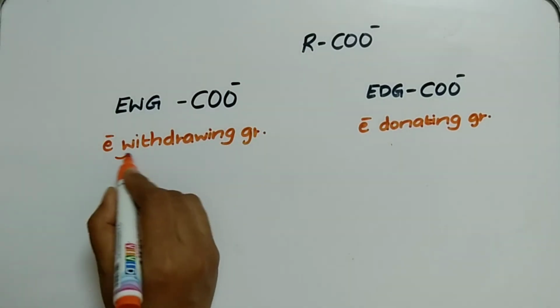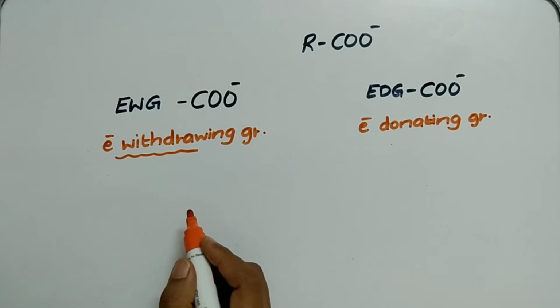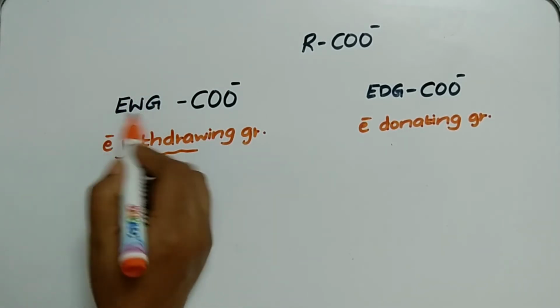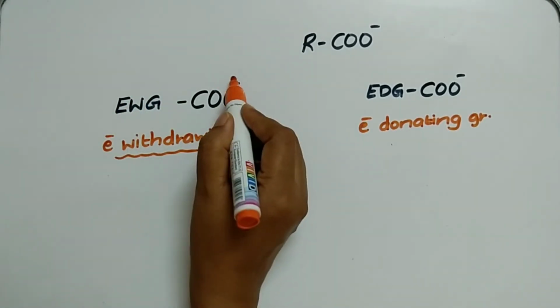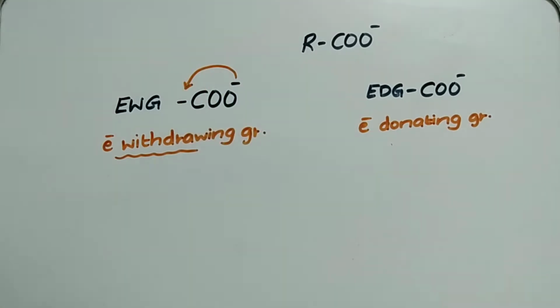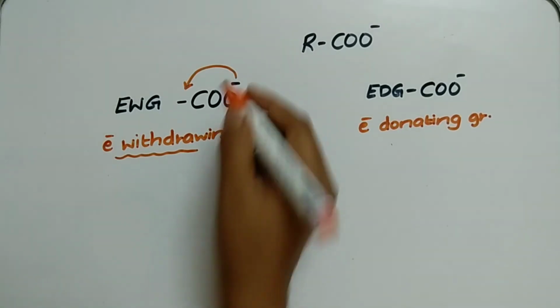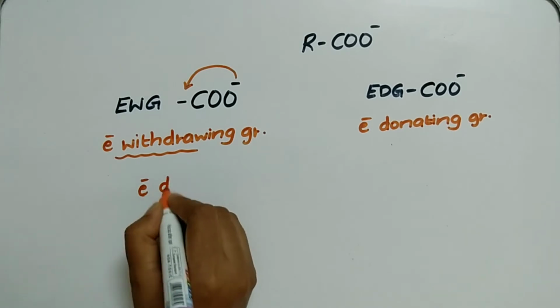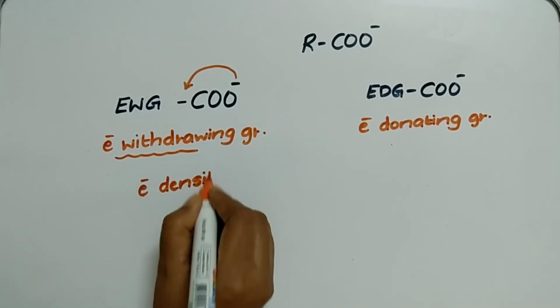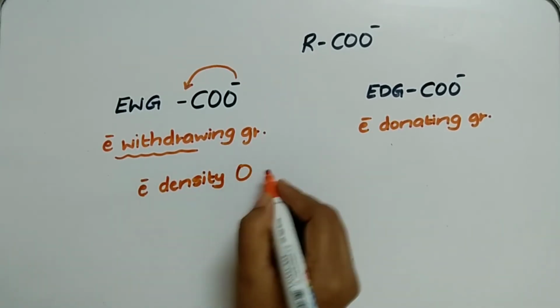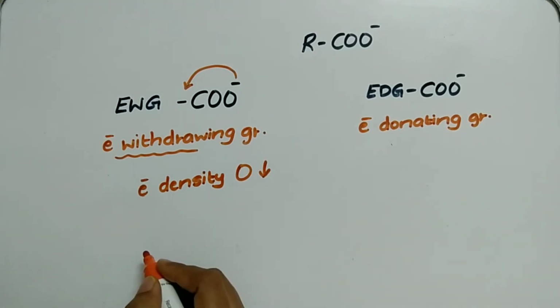Now, withdrawing group means what? This group, what is attached over here, it is taking up the electrons. Now, if it is taking up the electrons, then the electron density on oxygen will decrease, right.